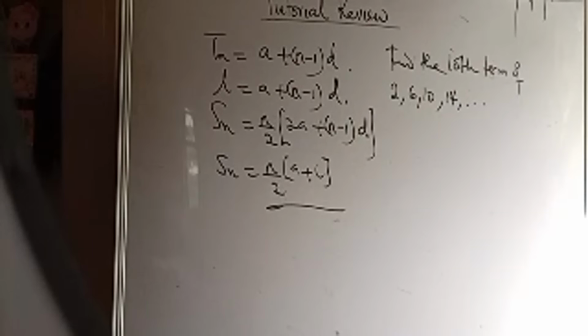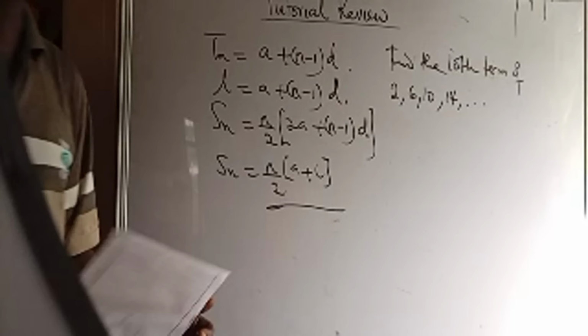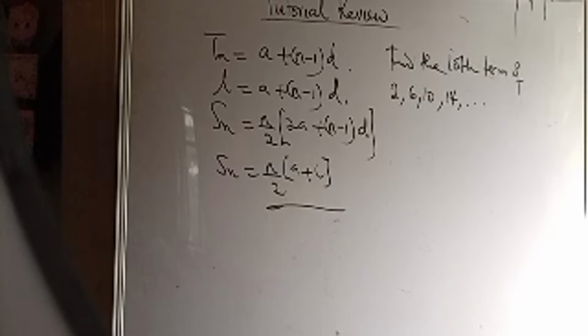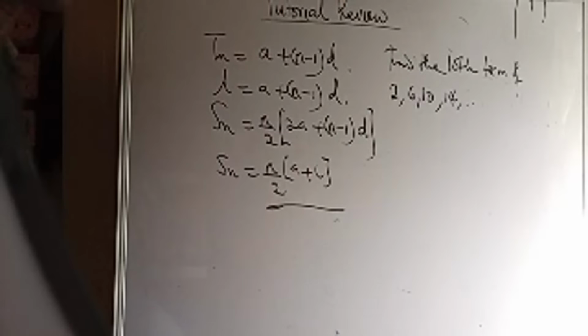Now, most times the questions will not come straight. Most times they will not ask you to find the 10th term of AP or GP. It is now up to you to find out whether it is actually an AP or GP.